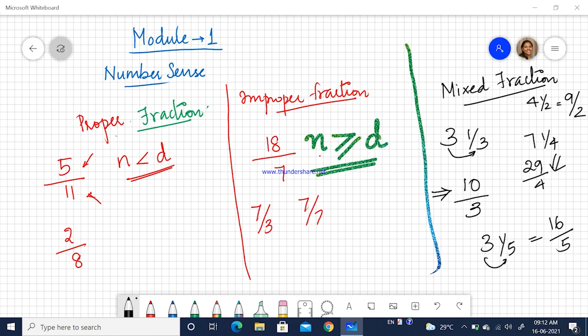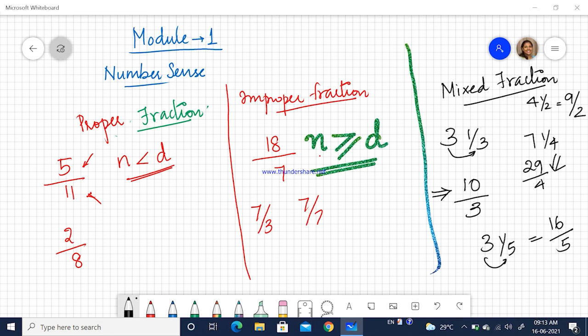Then we learned about fractions. When a unit is divided into any number of equal parts, those parts are called fractions of a unit. Out of that we learned about common fraction: if you can represent a number in the form of numerator and denominator. Numerator means how many parts and denominator means number of parts in the unit.